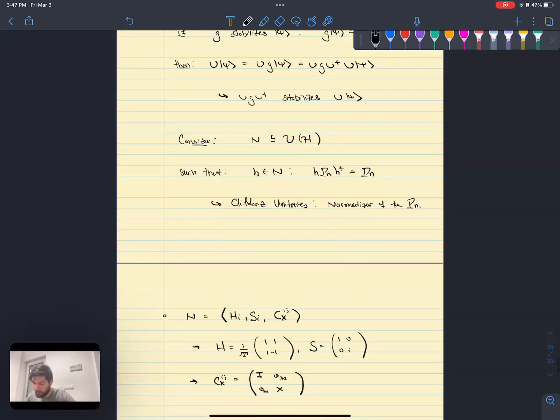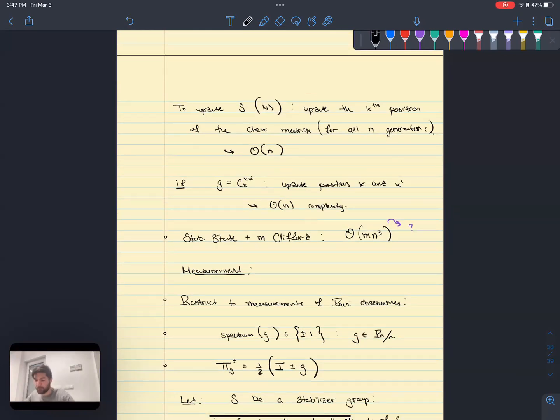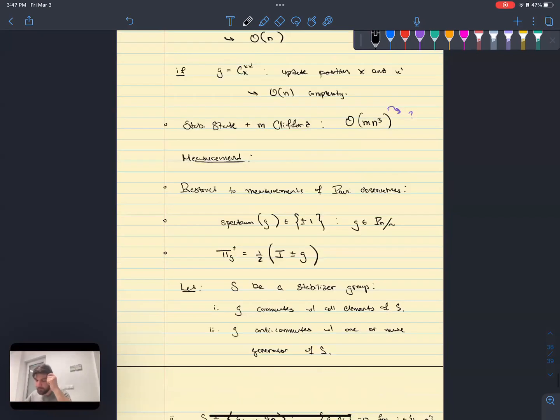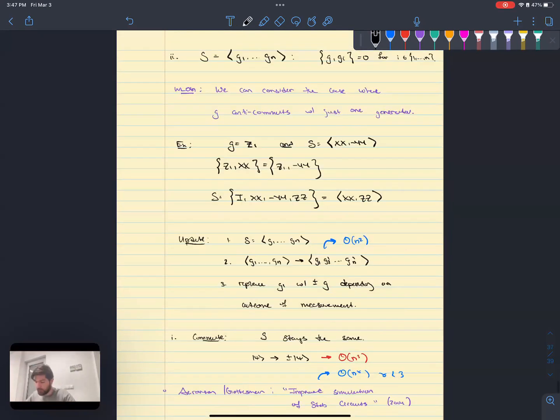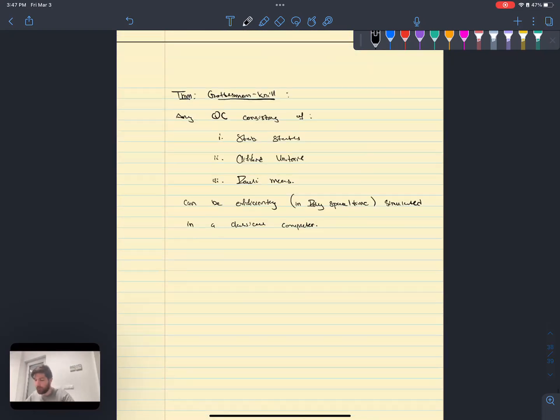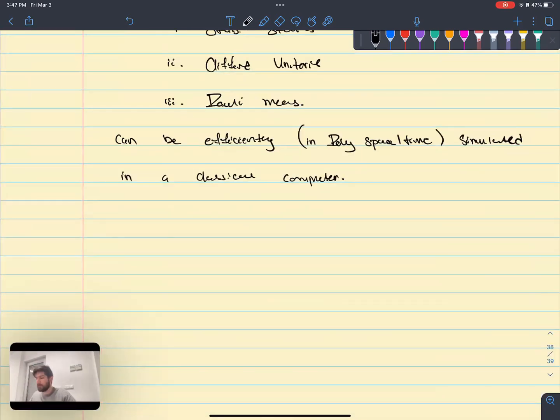Then you need only a linear number of operations to update under Clifford unitaries, and n squared or n cubed when you perform measurements. But the whole thing put together, you're still able to simulate these circuits in polynomial resources, for lack of a better term. So that's the Gottesman-Knill theorem.